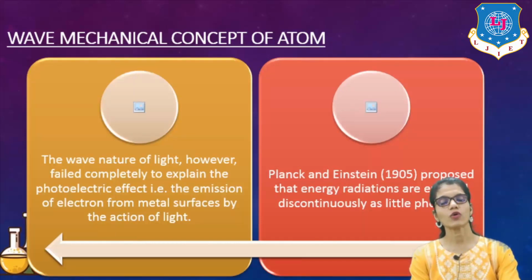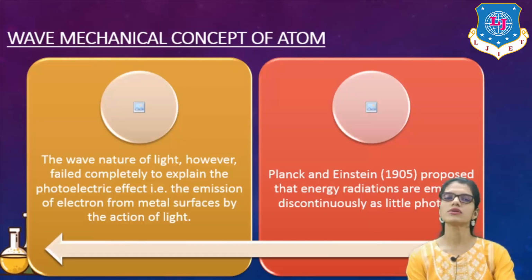The wave nature of light, however, failed completely to explain the photoelectric effect. What is the photoelectric effect here? It is the emission of electrons from a matter surface by the action of light.